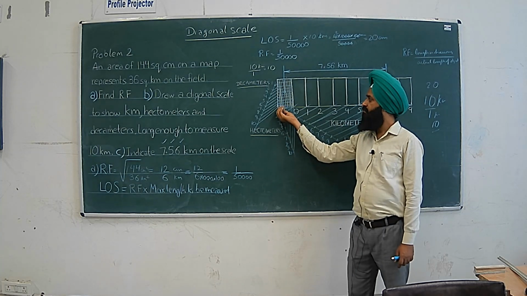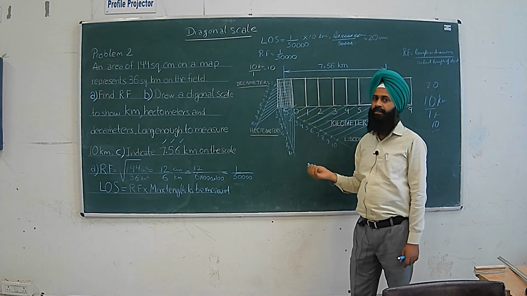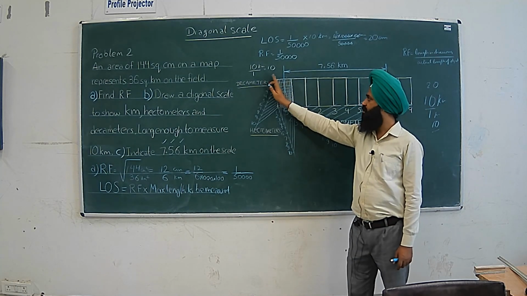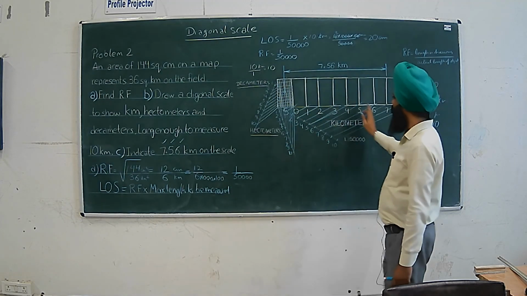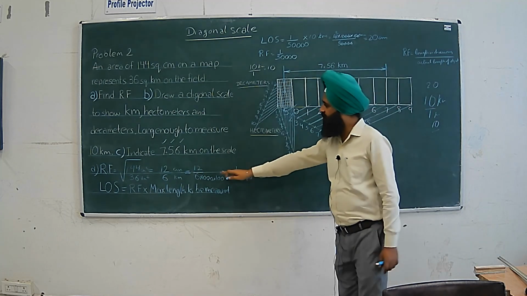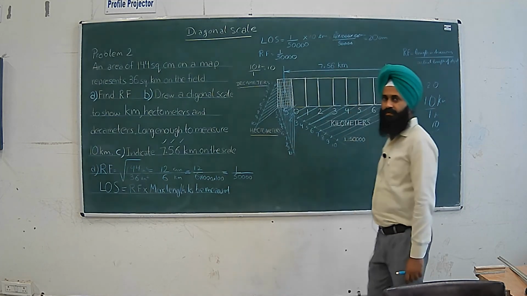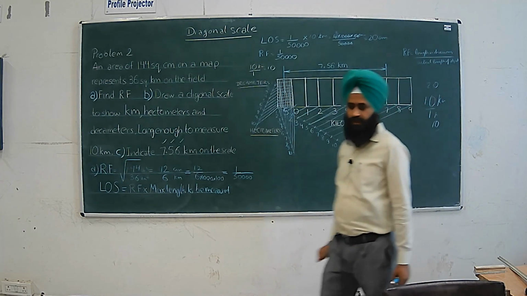Here we draw the inclined lines by joining the 9th division with the top of 10th division to get the diagonals, and we draw parallel lines to this line from each and every point. Okay. So this will complete our diagonal scale, and after that we measured this length which was in the question. So this completes our diagonal scale.